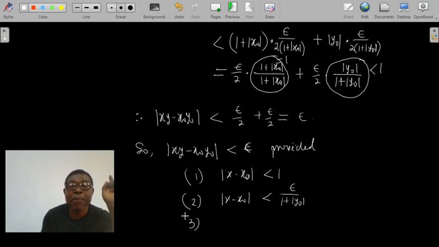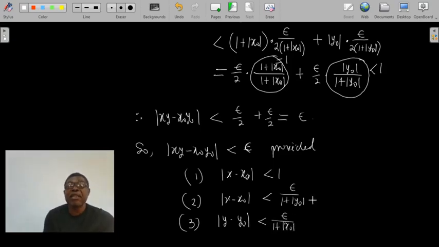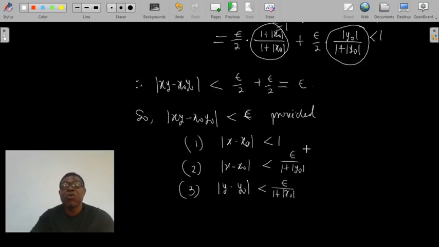Then 3, absolute value of y minus y naught is less than epsilon over 1 plus absolute value of x naught. These are the 3 controls we place on absolute value of x minus x naught as well as the absolute value of y minus y naught before we could get that absolute value of xy minus x naught y naught is less than epsilon.